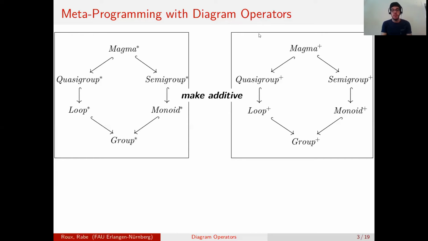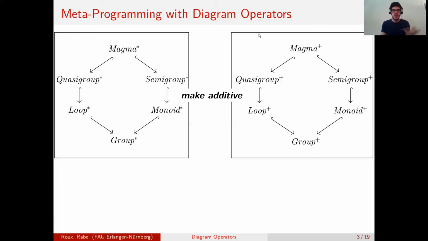In a pen and paper setting, that's very easy. You might find in an undergraduate textbook, at most one paragraph perhaps, saying, oh well, if we got structure A, then we define the convention of talking about additive A by meaning blah, blah, blah.